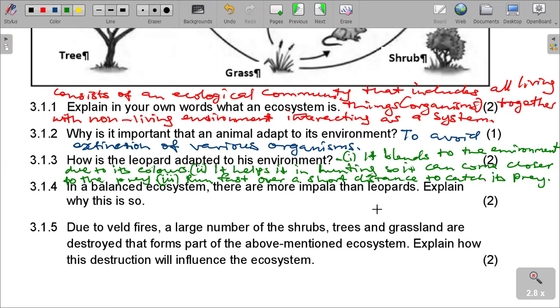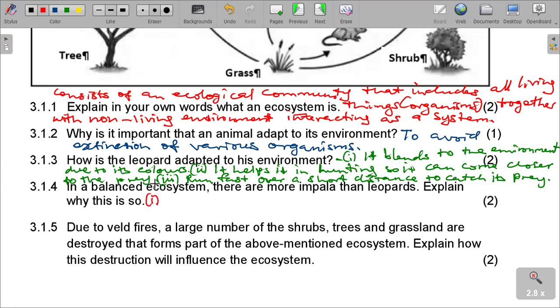Next question. Balanced ecosystem. There are many impalas than leopards. Explain why this is so. In a balanced ecosystem, there are many impalas than leopards. Explain why that is so.